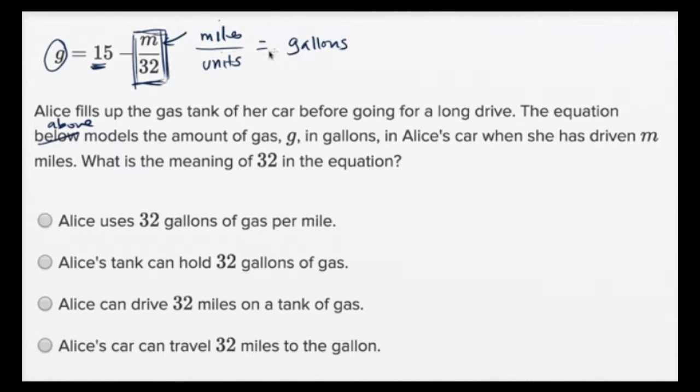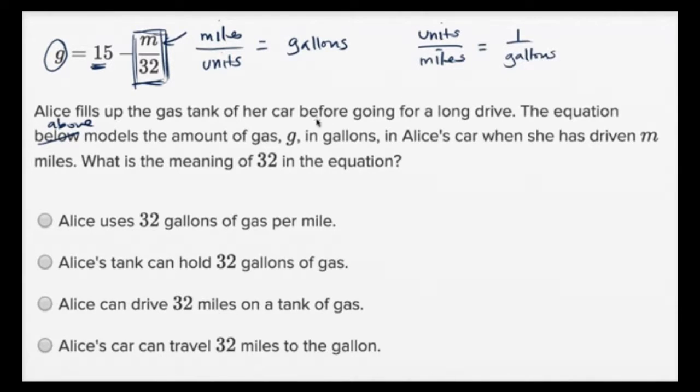Well, we can treat these units the way we would treat algebraic variables, so we could solve for units here. We could take the reciprocal of both sides, and say the mystery units divided by miles is going to be 1 over gallons, or per gallon.